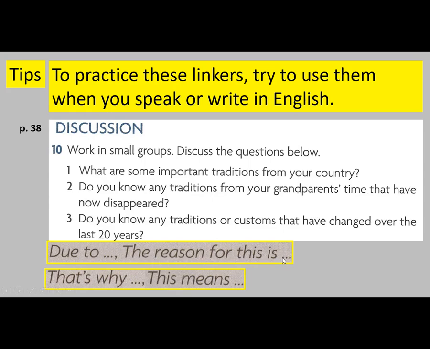The reason for this is it is a way to show that we like these people and we respect them and we are happy to have them in our home. See, when you are talking about one tradition from your country, you can use some of these linkers. Now look at all these 3 questions. Maybe in your notebook, try to write a few sentences, and when you are writing, try to use some of these linkers in your writing.